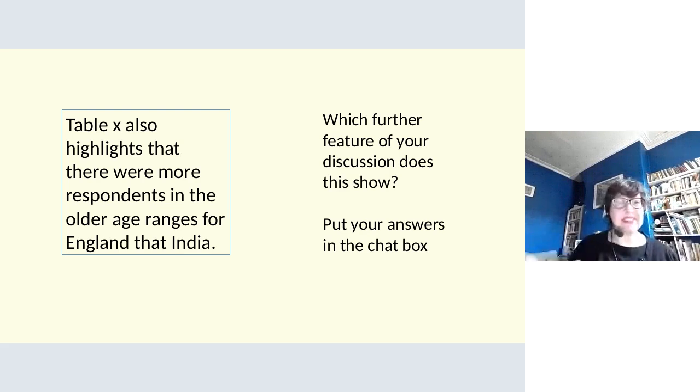Janet, data analysis. Ruby compares the two countries. It can give more discussion further down the line. Yes, absolutely. It's opening up another aspect to talk about. And Julie, it's referring to the data and suggesting the data results. It's doing all of those things in one little phrase.